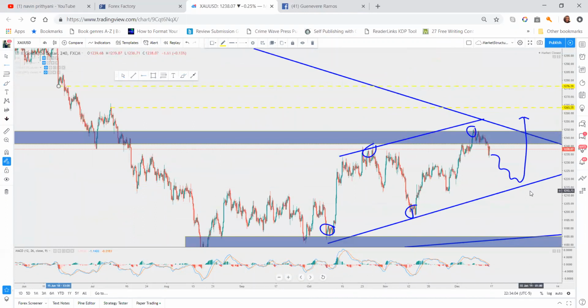So if we get a good rejection off of this channel right here at the bottom, I would buy it and set my take profit to 1263 and trail it, because it could get here and reject again. But if we extend this out and it keeps up, it could cross into that 1265 area that we're looking at right there.